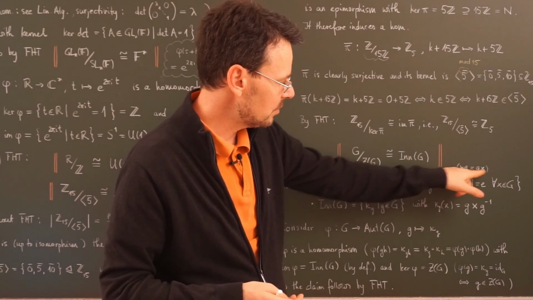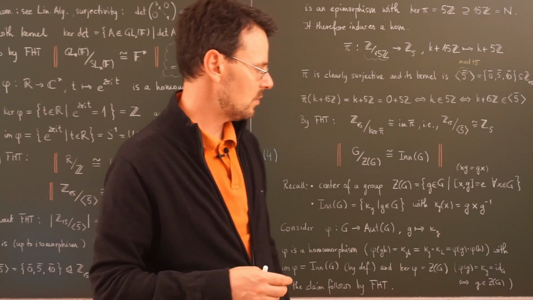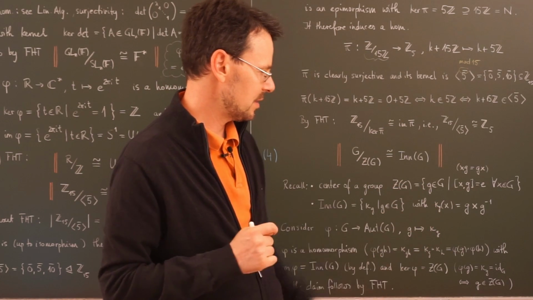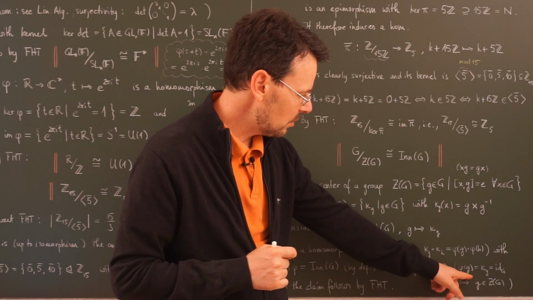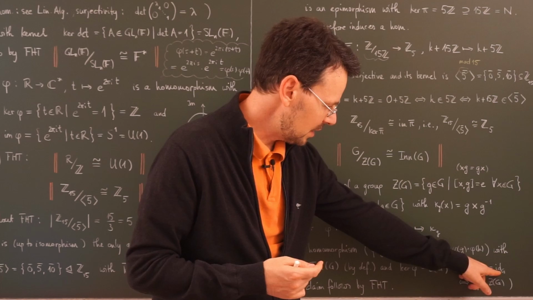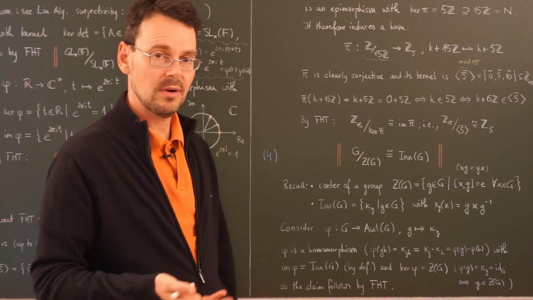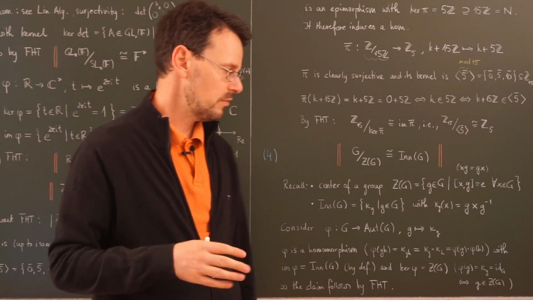So when this here is true, then you can interchange g and x, and g and g inverse cancel, and you end up with x again, meaning exactly that kappa sub g is the identity. So this is what is written here. Phi of g is kappa g by definition, and this is the identity of G if and only if g lies in the center of the group G. Again, this might have been a bit too fast.